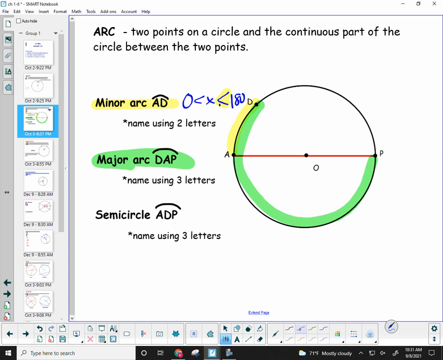Okay, so because it's a major arc, it's going to measure between 180 degrees and 360 degrees. So major arcs have to have 3 points to name them. Minor arcs have to have 2.